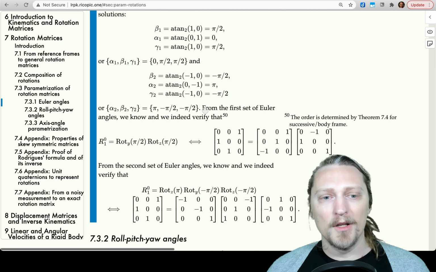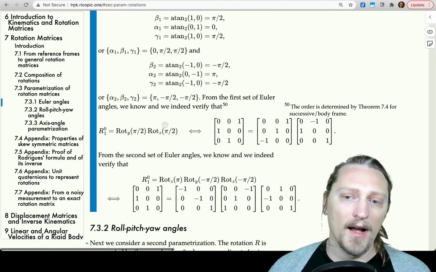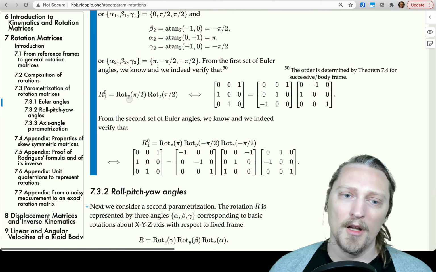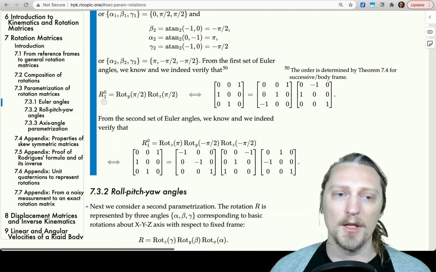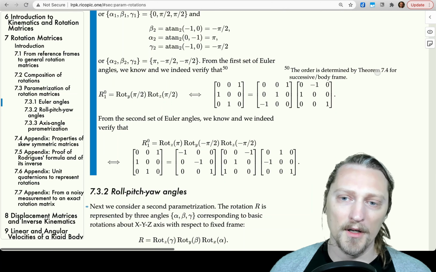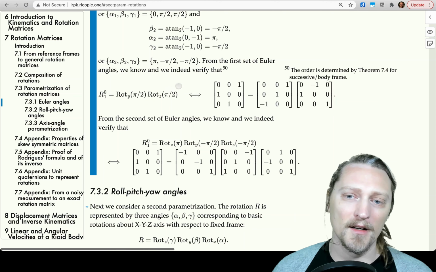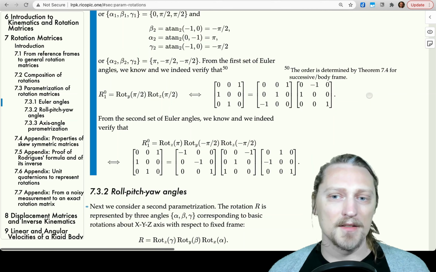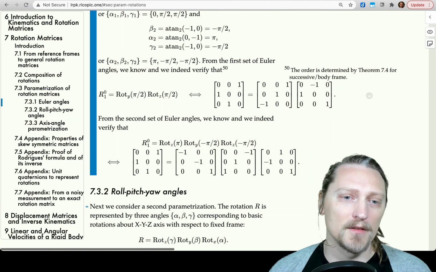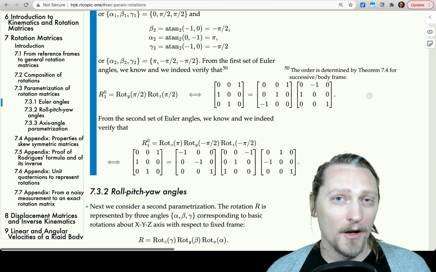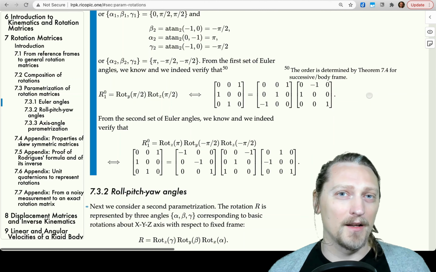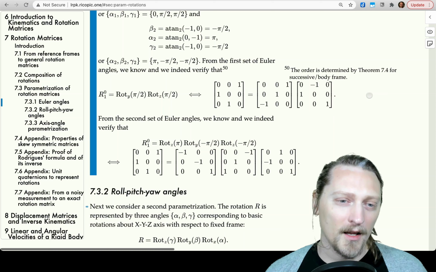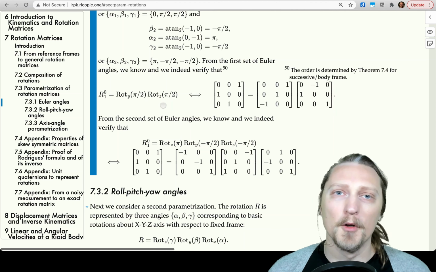From the first set of Euler angles, we indeed verify that the rotation about y by pi over 2 and rotation about z by pi over 2 is equal to R10. The order of the multiplication here is determined by theorem 7.4 that we introduced above for successive or body frame rotations. Since the Euler angles use successive reference frames, a body-fixed reference frame that moves every time you rotate, you have to use this order of multiplication.